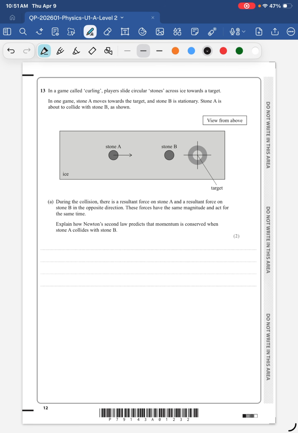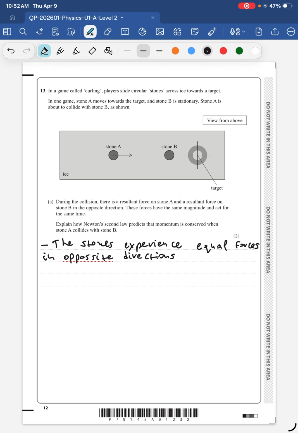Okay, so first of all, the stones experience equal forces in opposite directions, and at the same time.